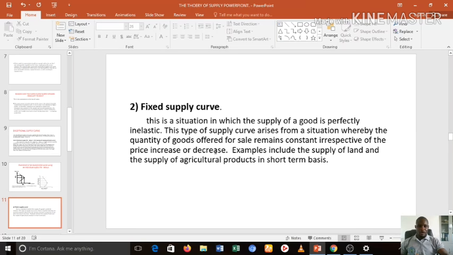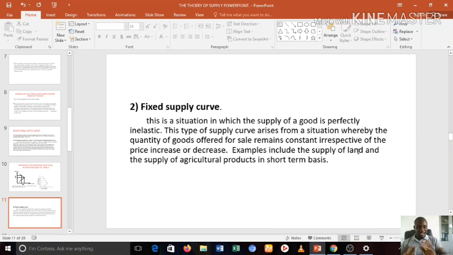So an example of such supply is land. Now let's look at land. Land is fixed. Land is not geographically mobile, it is fixed. So no matter the price changes in land, you realize that the supply for land remains constant.